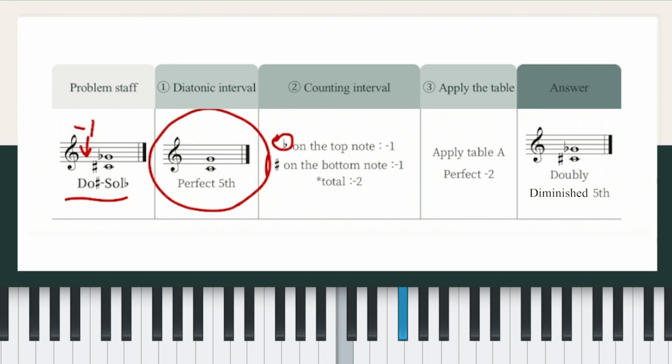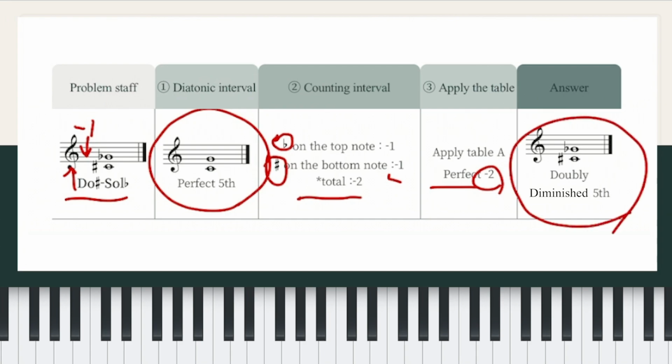And the sharp on the bottom note do also reduces the interval, right? So also minus 1. So the total is minus 2. So if you apply table A, it's perfect minus 2. So the answer becomes the doubly diminished fifth.